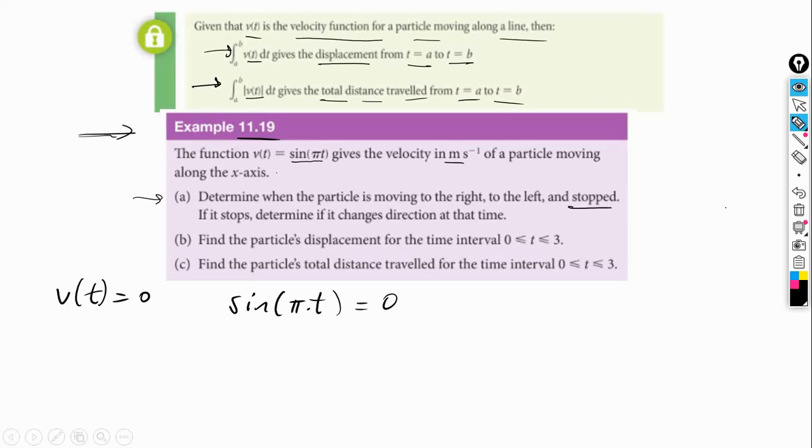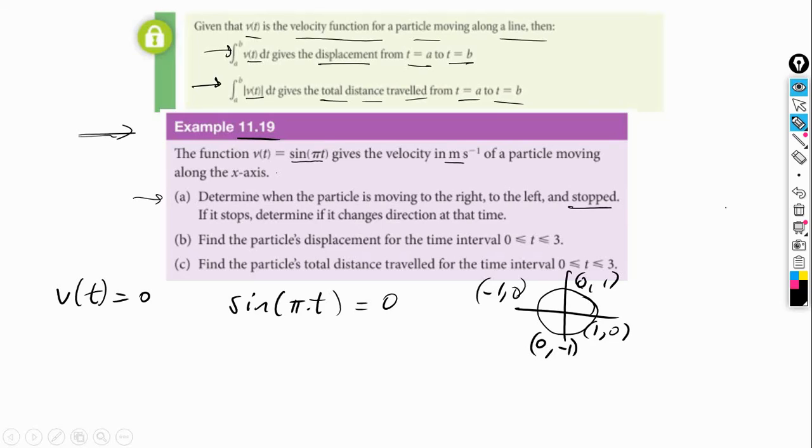So let's go to the unit circle and remember these intercepts with the x and y axes, right? This is 1, 0, this is 0, 1, negative 1, 0, and 0, negative 1. Let's remember that the sine function is the y values in the unit circle.